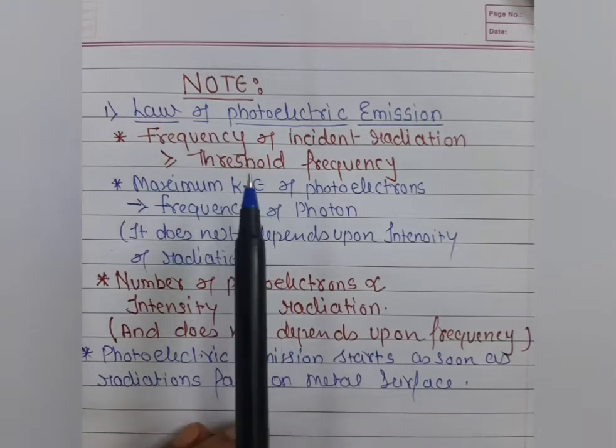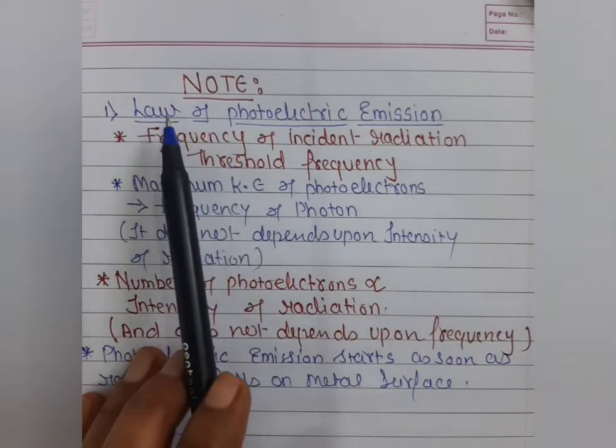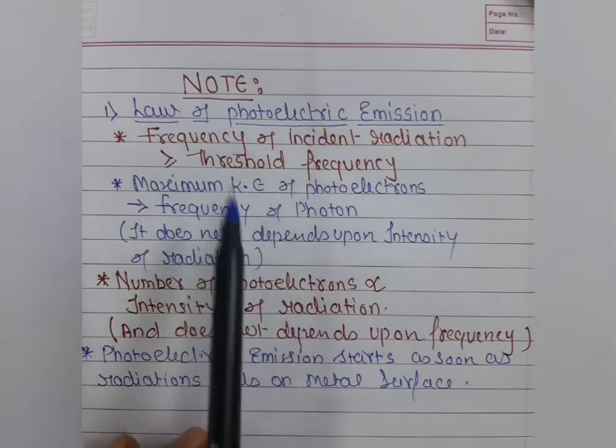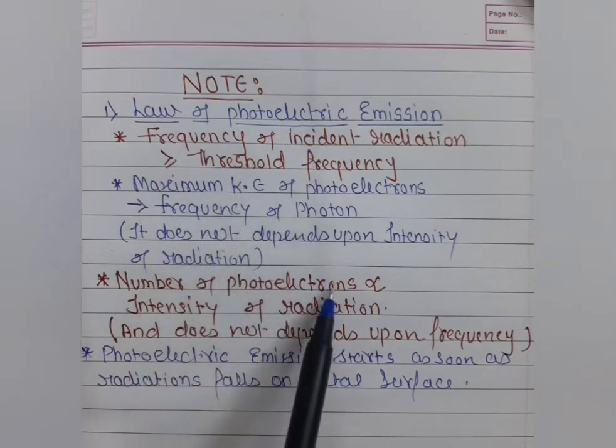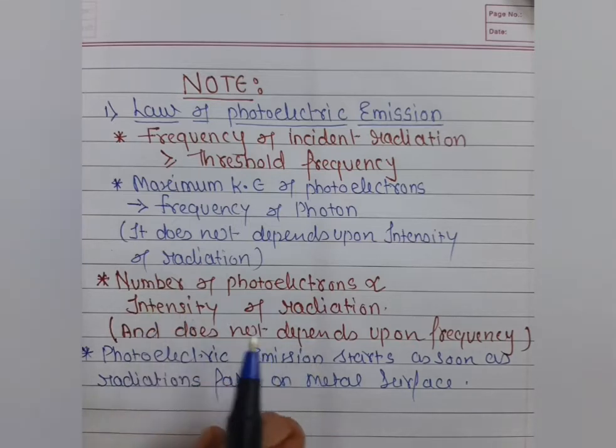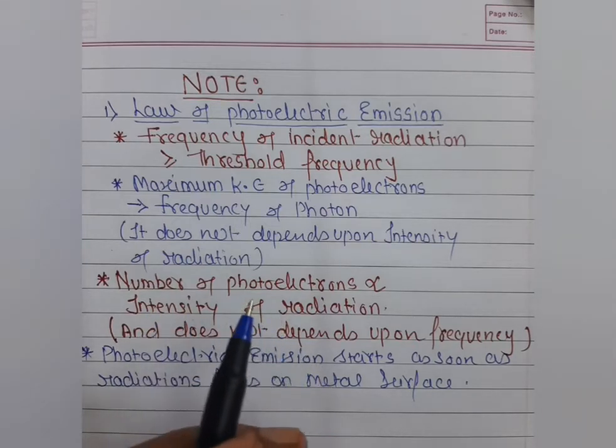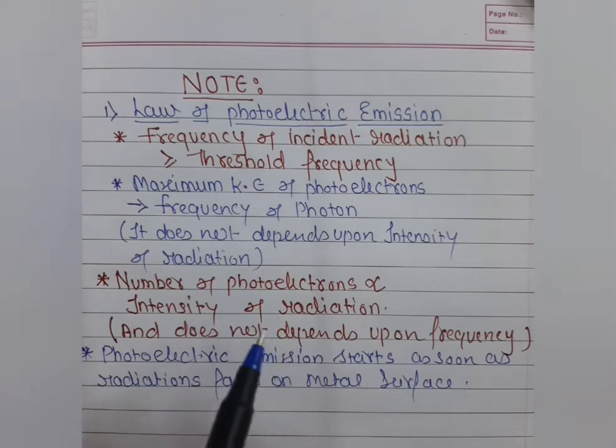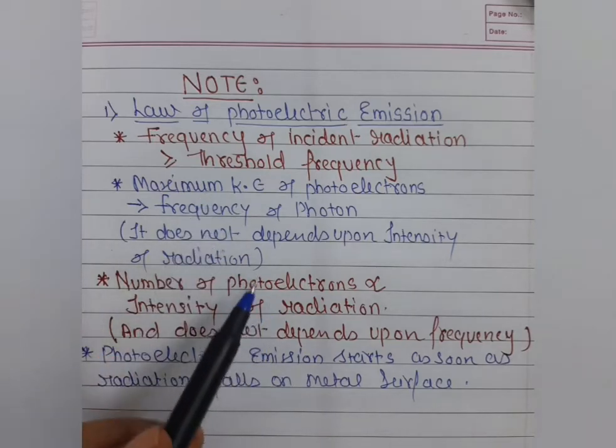So let's move on, students. The laws of photoelectric emission, it means we have to remember all these points, students. When we started the experiment of this photoelectric effect, we already discussed some points about the metals, and now we have to understand all these points.